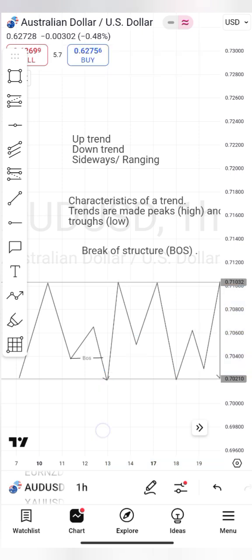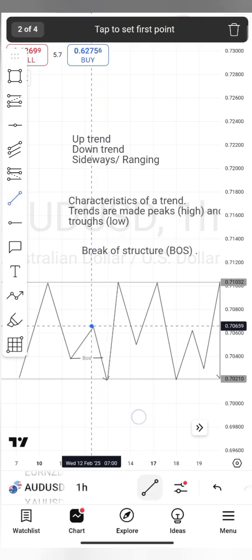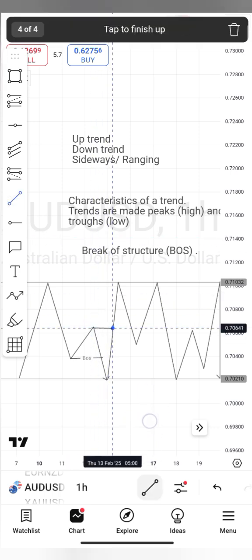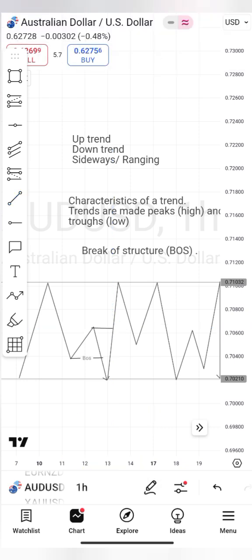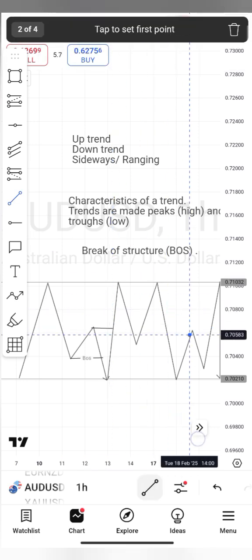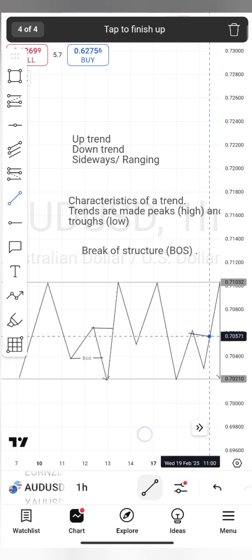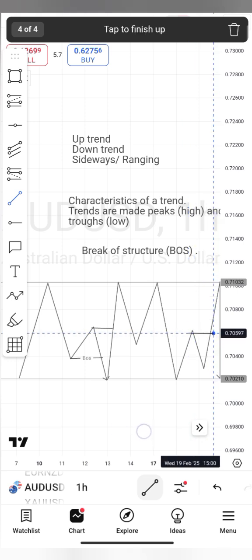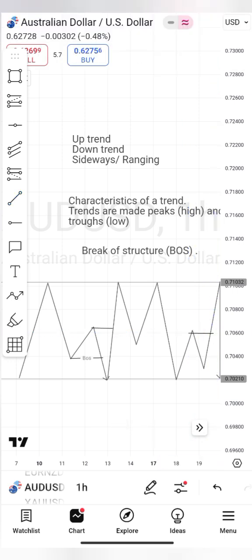So some people see this and they get confused. They don't know what to mark again, because do you call this a break of structure? Where is it breaking to? Do you call this a break of structure? Where is it breaking to? So at this point, people get confused. They don't know what to do.